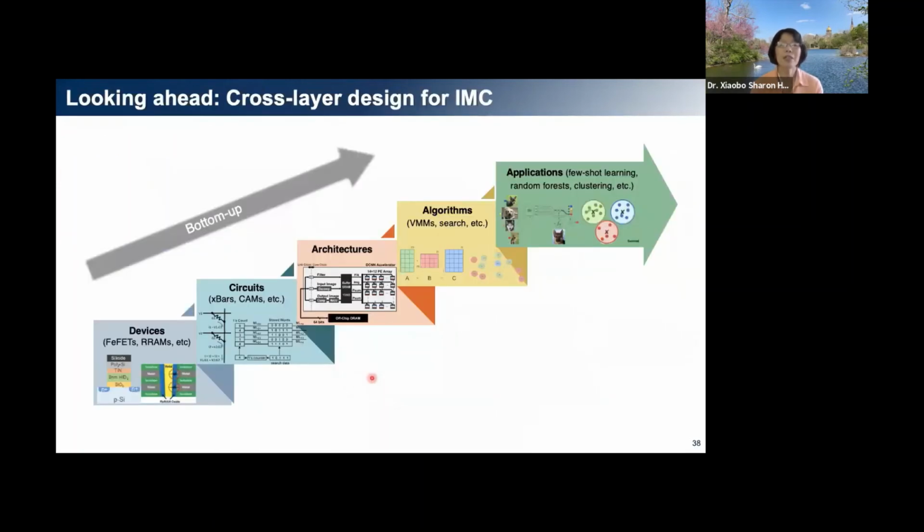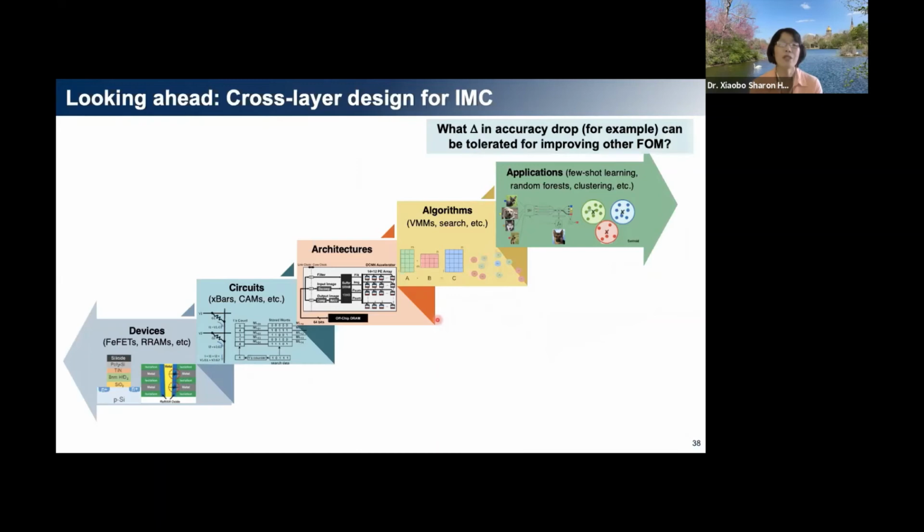So let me just wrap up. I have shown, through a specific device and different types of associative memory designs, the importance of conducting cross-layer design. My example is from the device to the application level, but it's equally important to do it from the top down. Application-level needs can help guide the research focus at the lower levels.